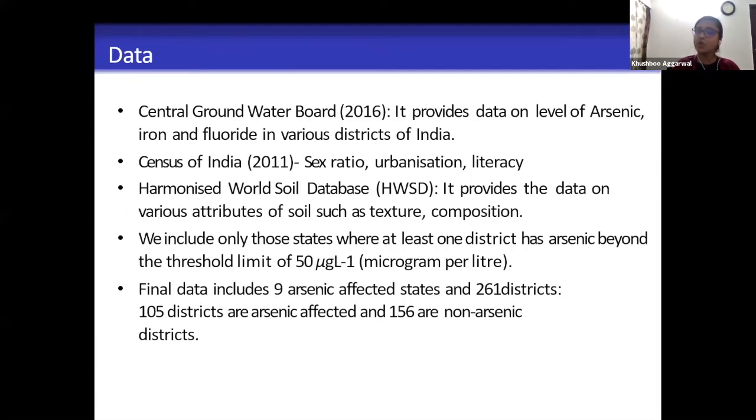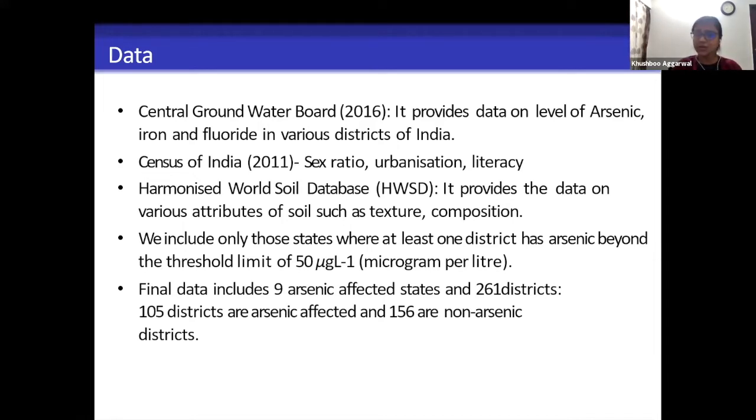Along with this, we also have data for arsenic or the presence of other contaminants from the Central Groundwater Board. We have taken the district-level information on district-level variables from the Census of India 2011. Now, the data on soil texture is basically extracted from a software known as the Harmonized World Soil Database.